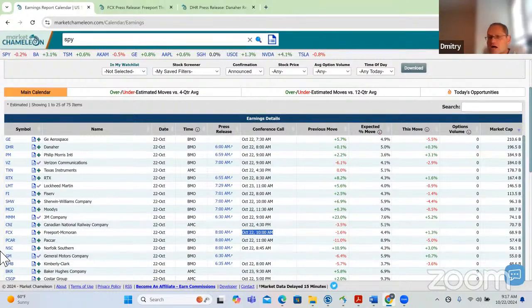So we could look at the option straddle, right? We don't know if it's more bullish or bearish from this, but we could get a sense of the magnitude of the move. Are they expecting a big move or a small move? And is it a big move or small move relative to historical moves? So this is what the expected move is.